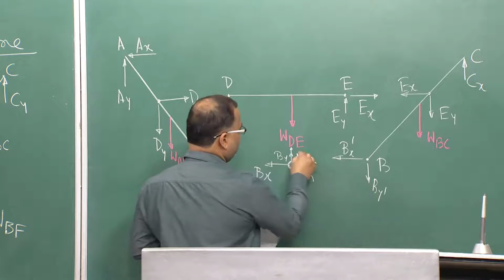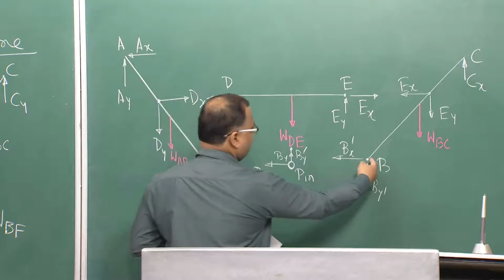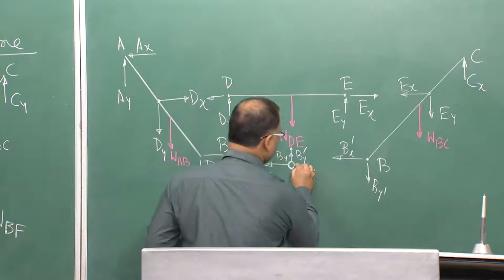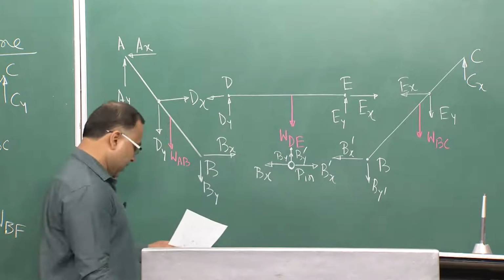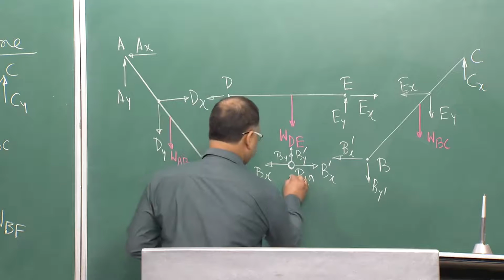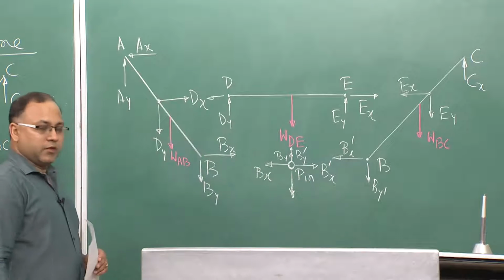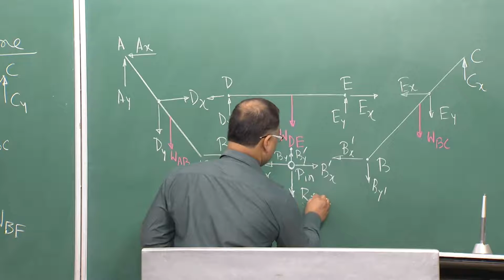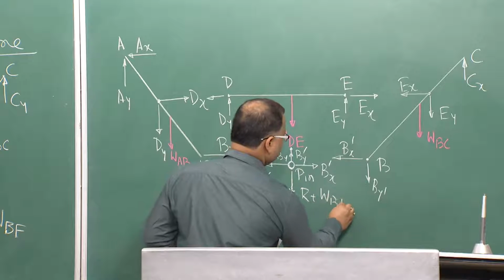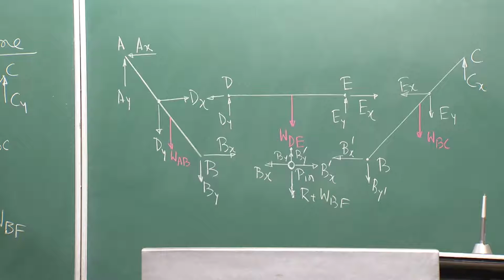By is downward, so here By prime will be upward, and Bx prime from right to left, so here it will be left to right. And we have the force R plus WBF. So, this is the free body diagram of the pin.